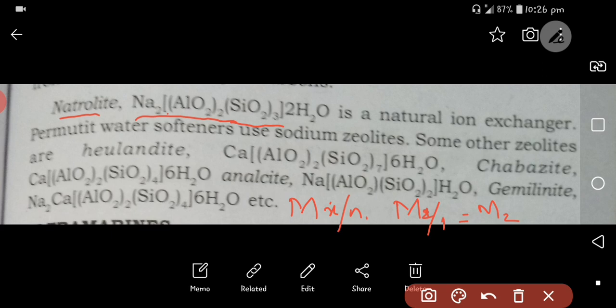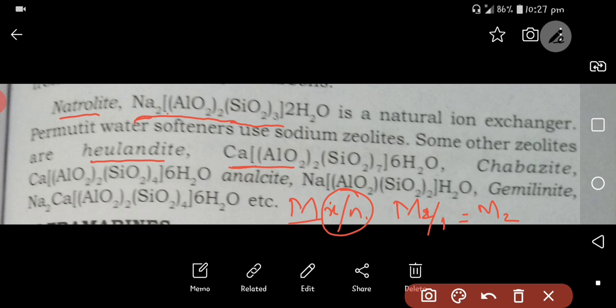Then consider this compound, that is a calcium containing aluminosilicate. Here also M is the metal, and the subscript indicates the number of metal atoms. In the earlier compound 2 sodium atoms are present, but here one calcium is present. How does this 1 come?